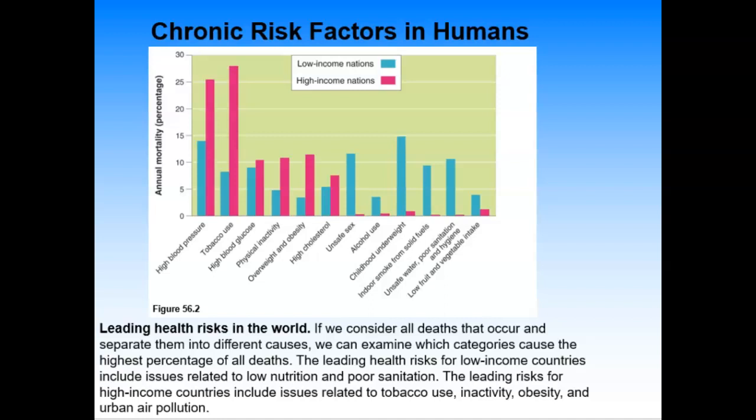In a low-income nation, what people are facing is the lack of fresh water, right? They are looking at childhood underweight that will lead to death or perhaps lifelong health effects.